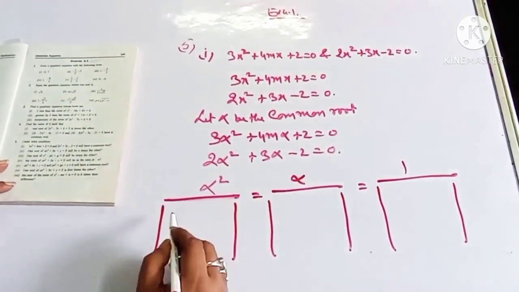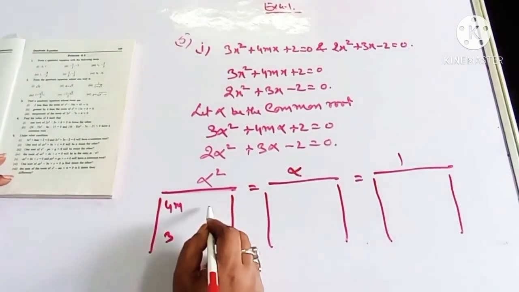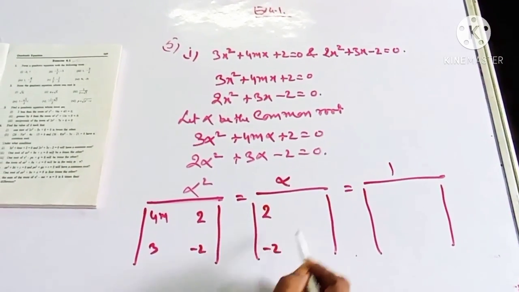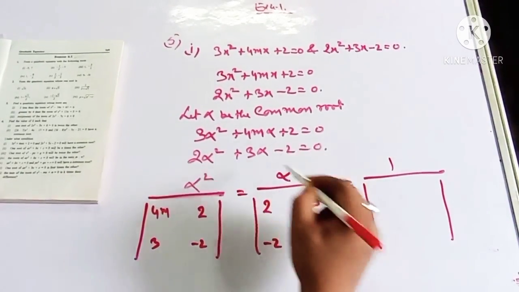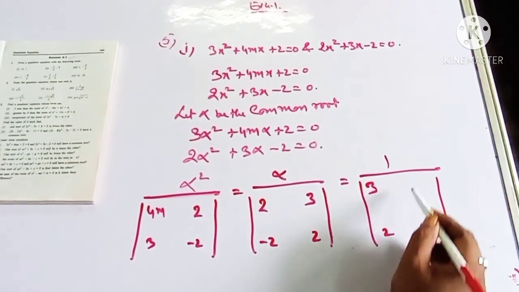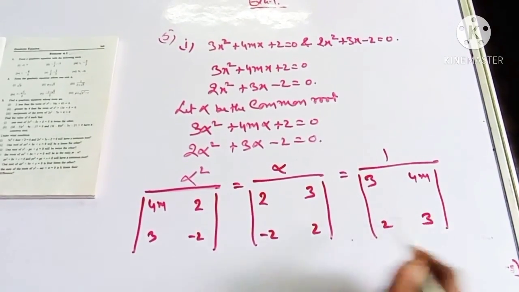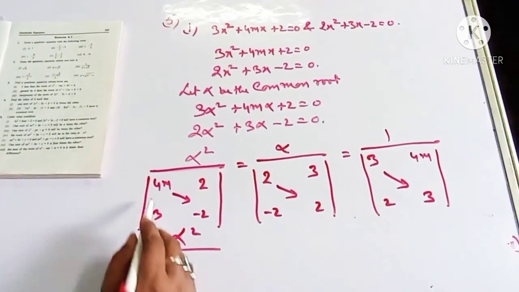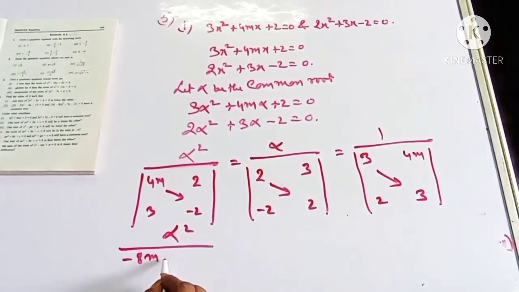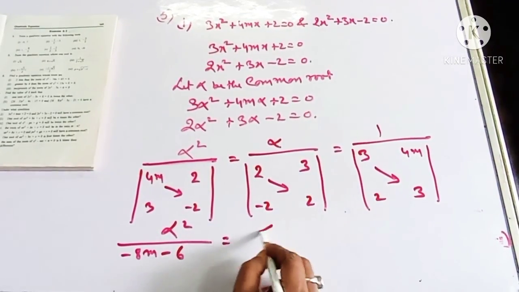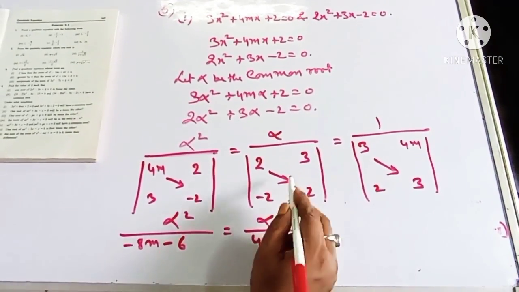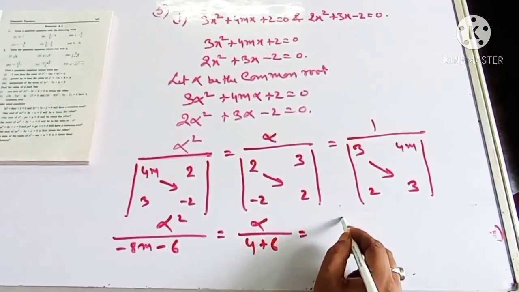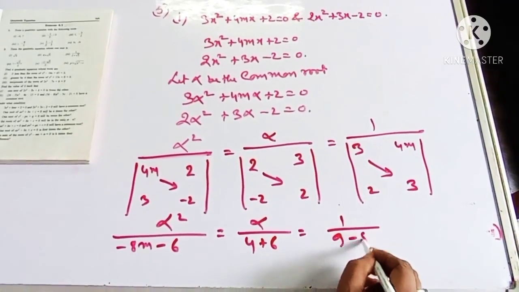So alpha square is minus 8m minus 6, alpha is 4 plus 6, and the last is 9 minus 8m.